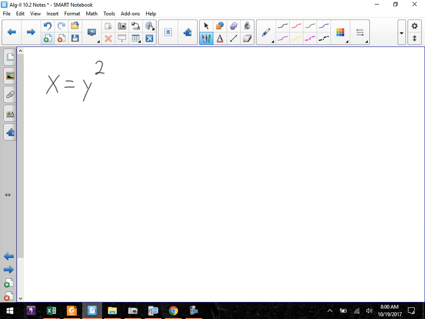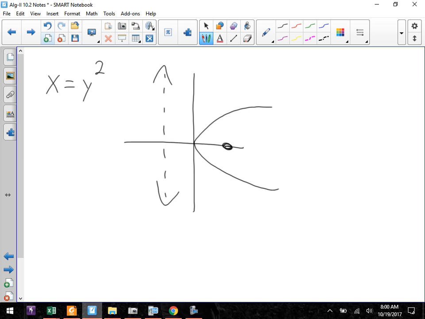So a y squared parabola will open up either left or right, depending upon its a value. If your a is positive, which way do you think you're going to open? Correct. And why do you think that?